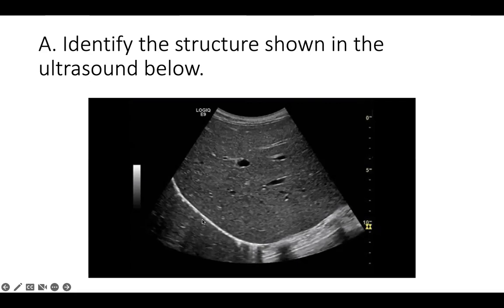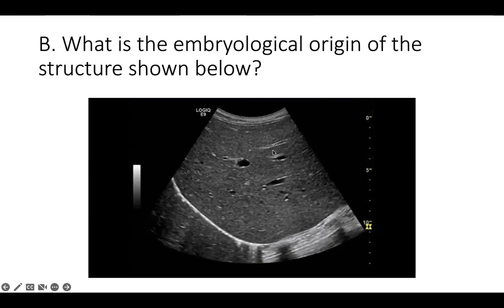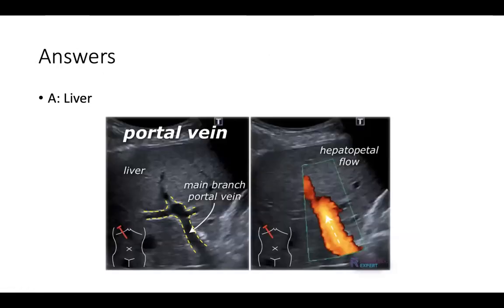The capsule is made of fascia, and underneath the capsule we have fat, right? This is what represents the border of the liver, and the sponge-like appearance is a hallmark feature of the liver.